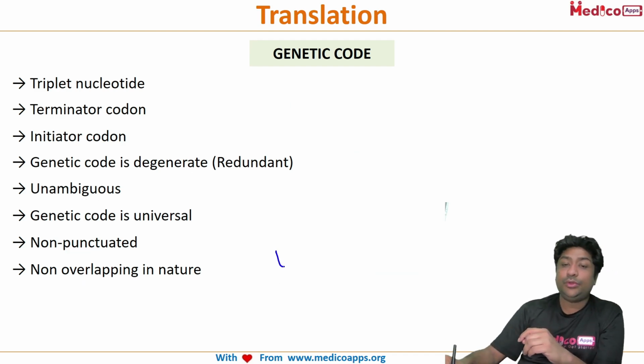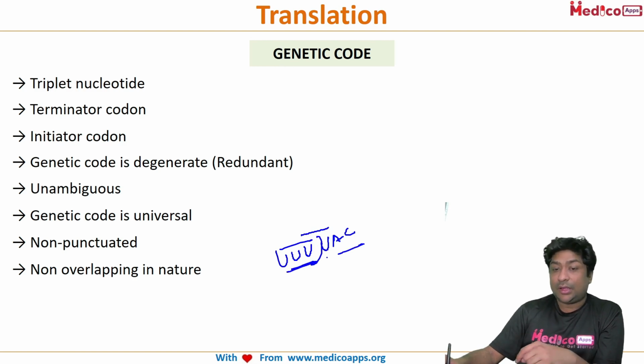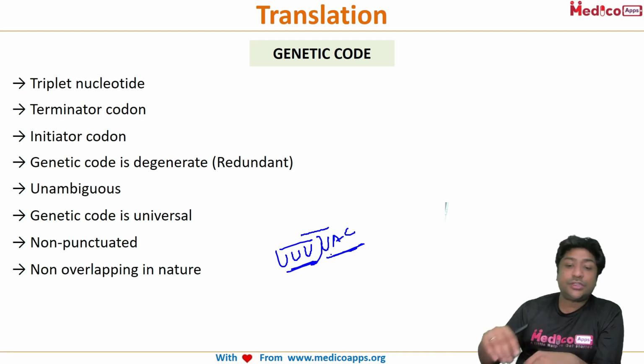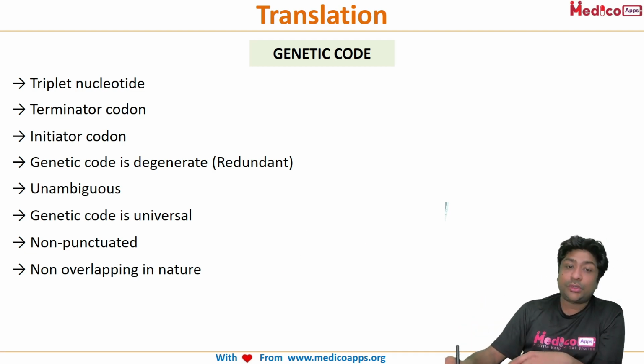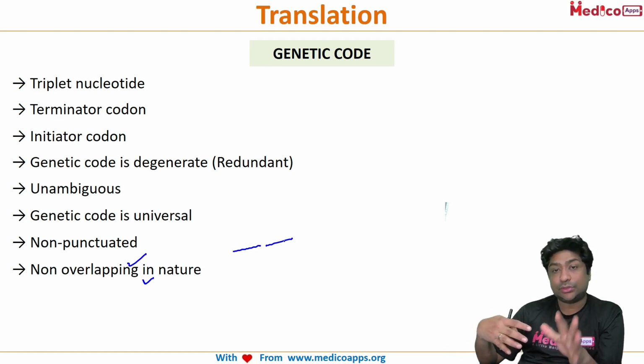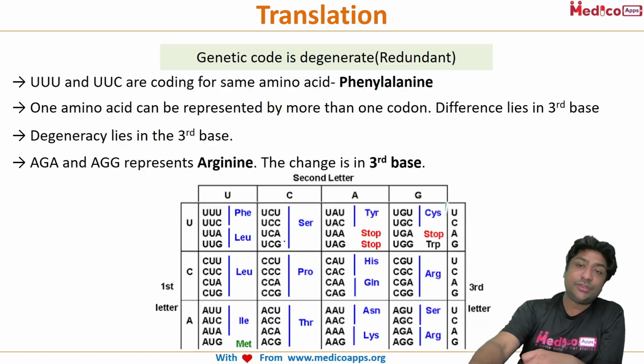It's never overlapping. So these are the features of genetic code. Hope you understood the difference between non-punctuated and non-overlapping. Non-punctuated means there is no break in it, and non-overlapping means there is no overlapping sequence in it. So these are the important characteristics of genetic code.